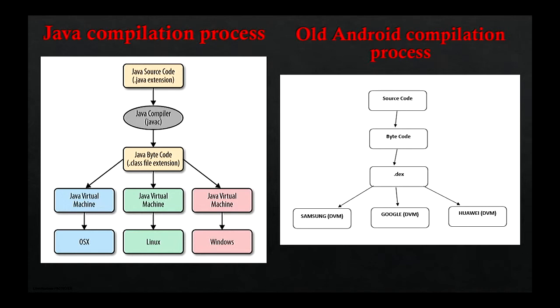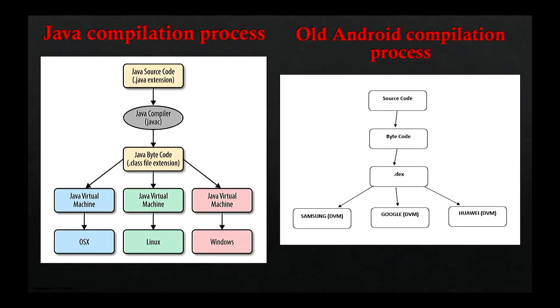And then that Dalvik executable runs on these, I've just got 3 hardware manufacturers, but could be any manufacturer, on their DVM, which is called the Dalvik virtual machine. So the DEX code is supportable on those Dalvik virtual machines, and you can run that.